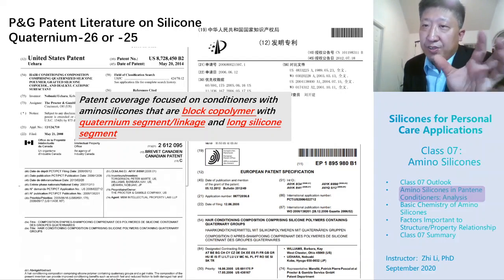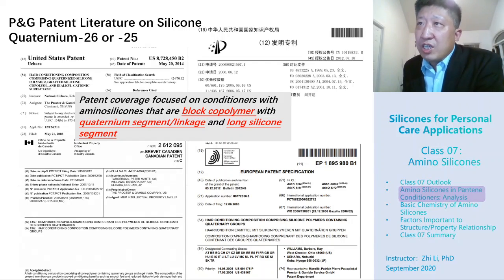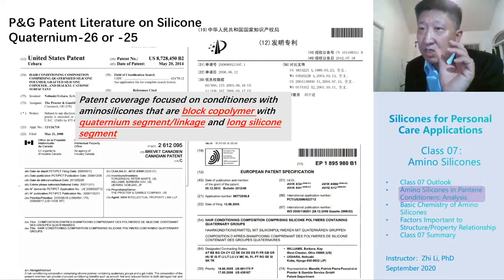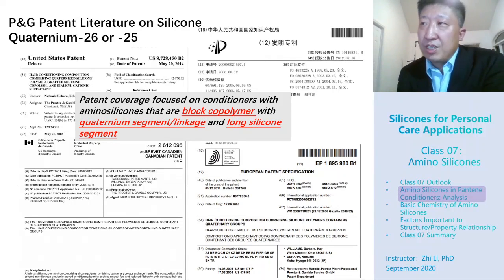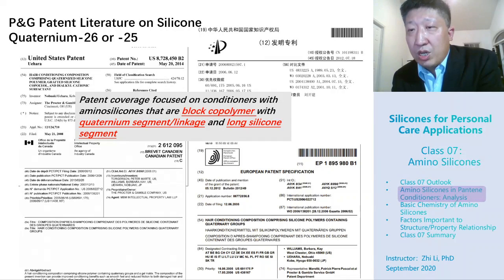Of course, they have different strengths in terms of coverage, but they all focus on block copolymers with a urethane segment or urethane linkage and a very long silicone segment, which kind of defines the polymerization degree of the silicones. Interesting, right? Those are definitely something we're going to pay attention to.